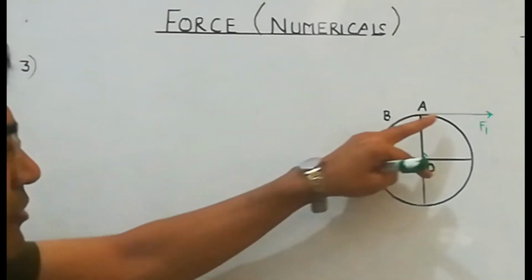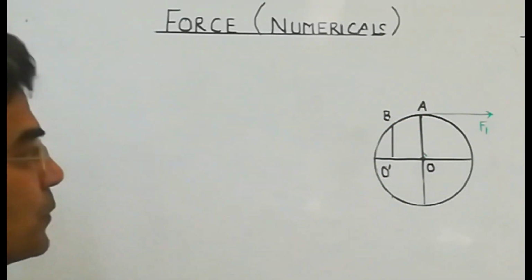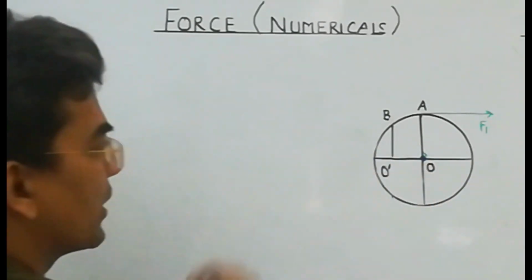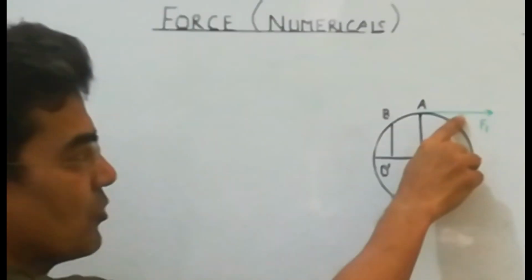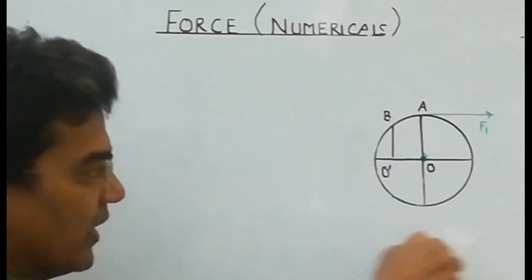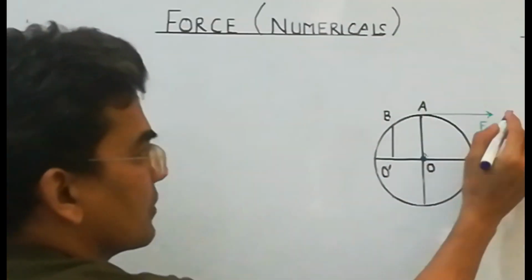Now here one force has been already shown to you, and this is the point of rotation. Now if this force is applied, you can see this force is trying to rotate the wheel in the clockwise direction.